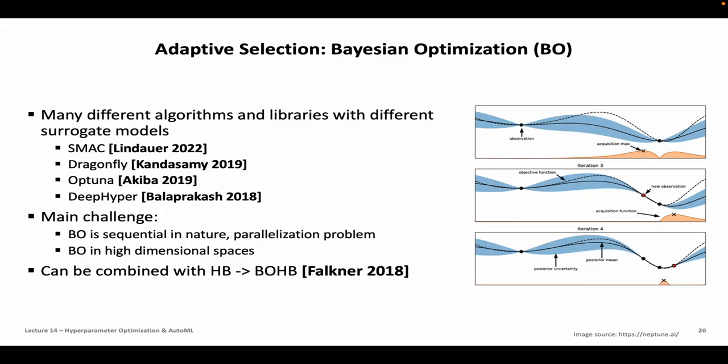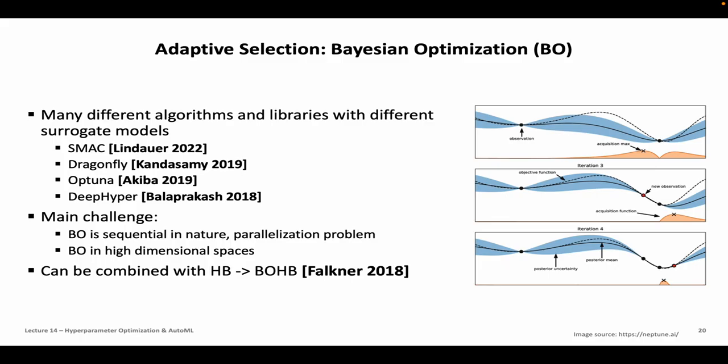The main challenge they all have to deal with is how to handle lots of parallel results coming in at the same time, as Bayesian optimization is usually a sequential process. And as already mentioned, sometimes Bayesian optimization also has problems in very high dimensional search spaces.